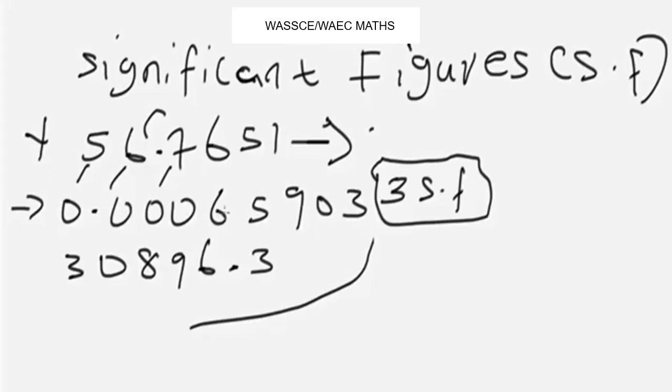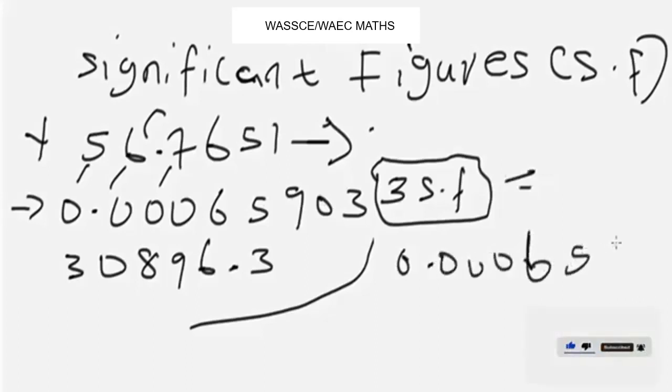We are going to start from 6. 6 is the first one, 5 is the second one, 9 is the third one. The 0 here is not up to 5. So to leave this number to 3 significant figures is going to give us 0.00659. Nothing will change. So that will be the value to 3 significant figures.